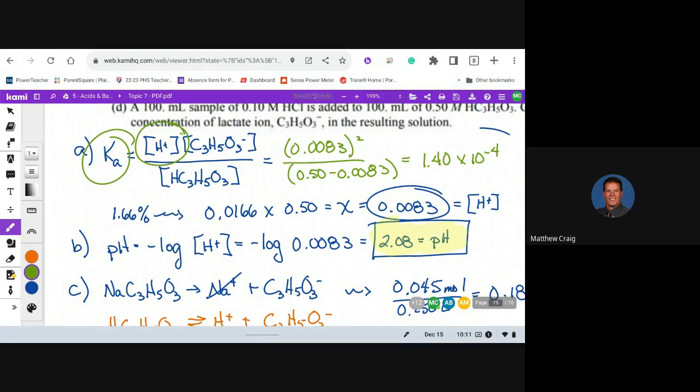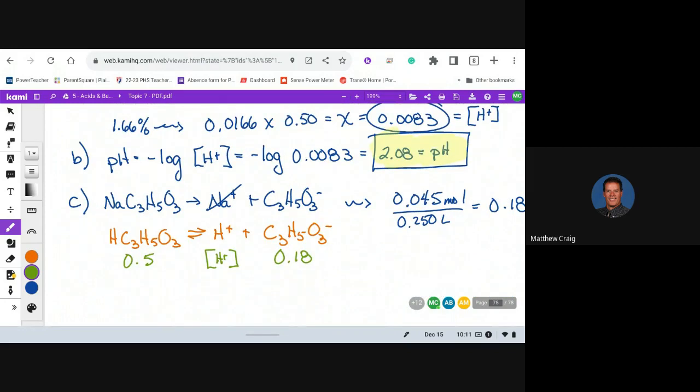If you're flipping it, then you're going to have hydroxide. What I hope you are referring to flipping is the lactic acid and the lactate. That is perfectly legal. You can find a Kb value for the lactate and write the Kb expression, and it'll be extra steps, but the answer in the end will be the same. So again, it's your preference.